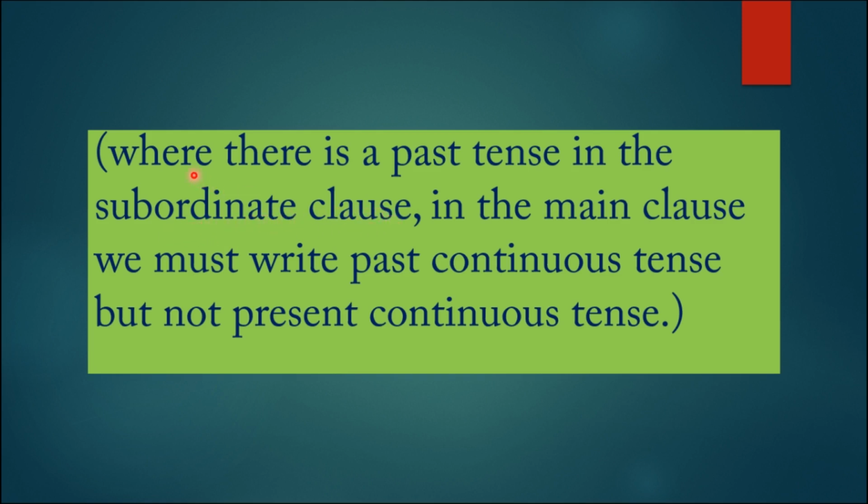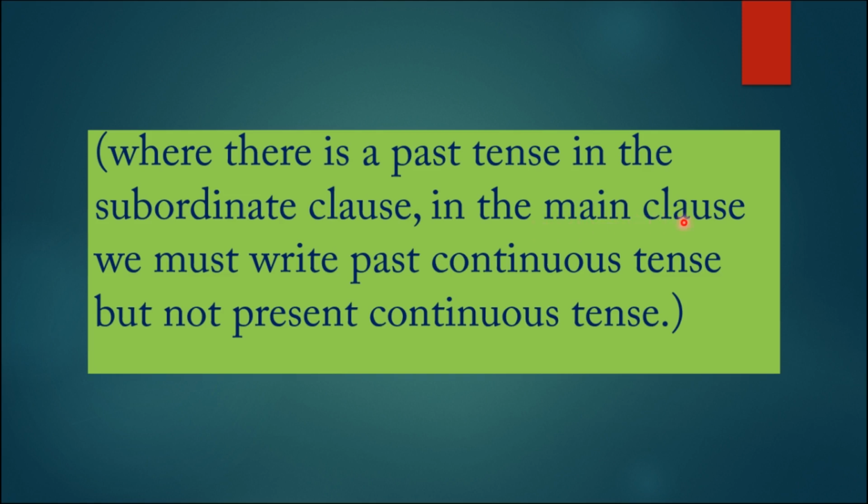Okay, let me repeat it. Where there is a past tense in the subordinate clause, in the main clause... Can I explain the main clause? Main clause means the clause which gives complete meaning by itself only. It doesn't depend on anything; it is also called an independent clause.